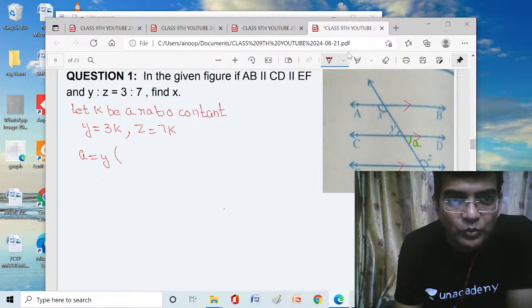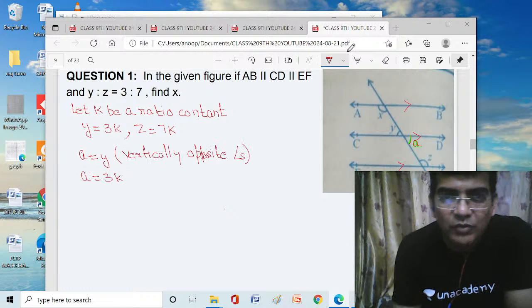I will just make a gap over here, otherwise you will get confused. They are vertically opposite angles, right? As y was considered as 3k, I can say A is also 3k.